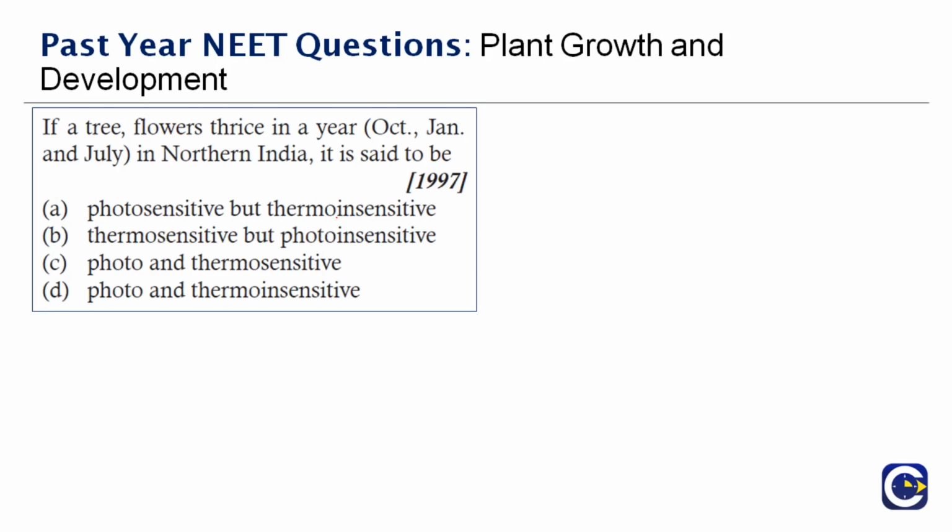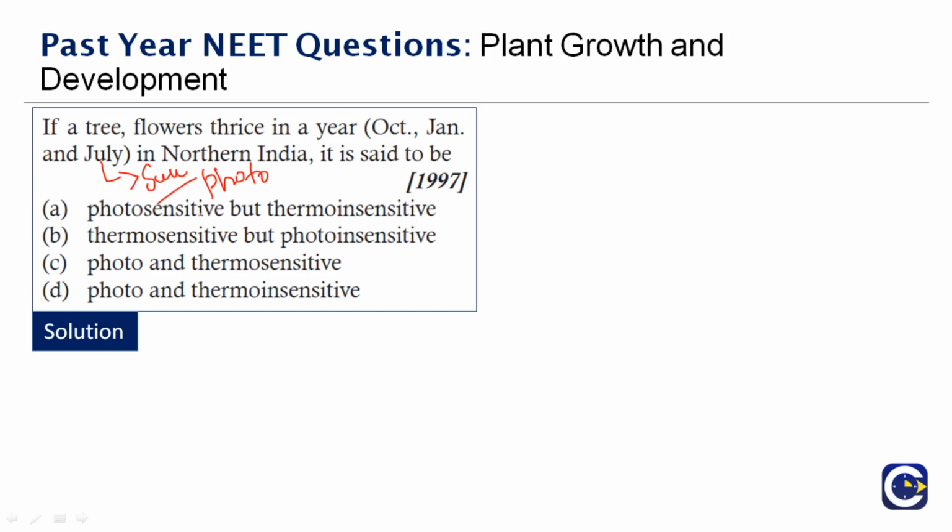Next question here. If a tree flowers thrice a year, so read the question clearly here. If a tree flowers thrice in a year, October, January and July in northern India, it is said to be dash. So what can you expect of the period of October, January and July? When we talk about July, we know there is sun, so it is dependent upon light.